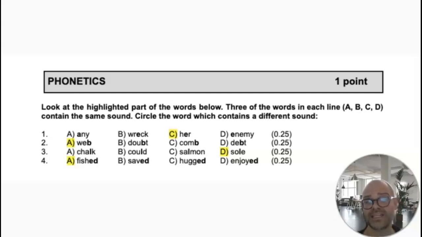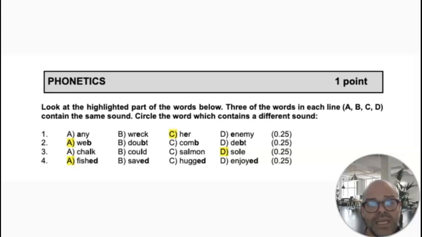Now the second line has the word web in the first one, A. B is doubt, C is come, and D is debt. So here we can see that the word web has the B and it's pronounced, but the other words have a B written, but it's not pronounced, so it's silent.